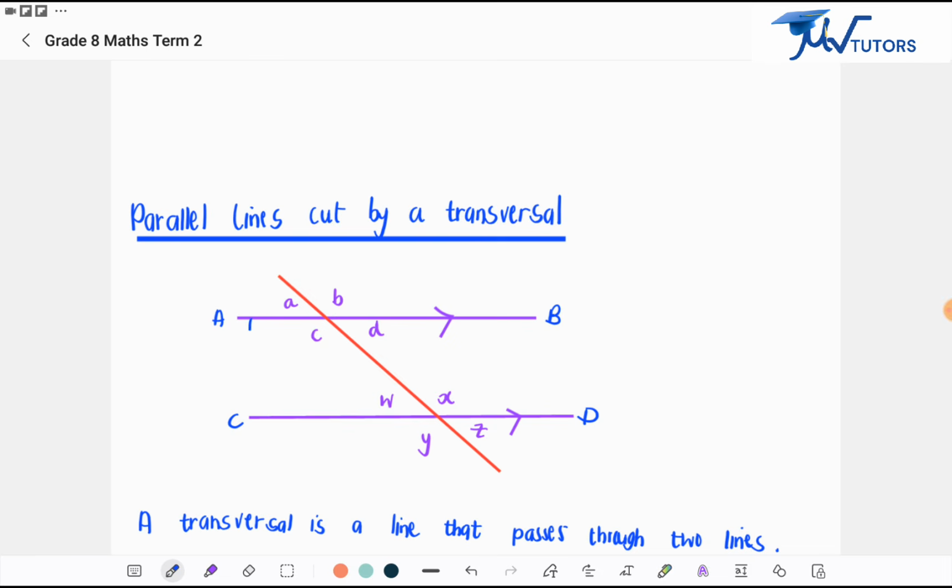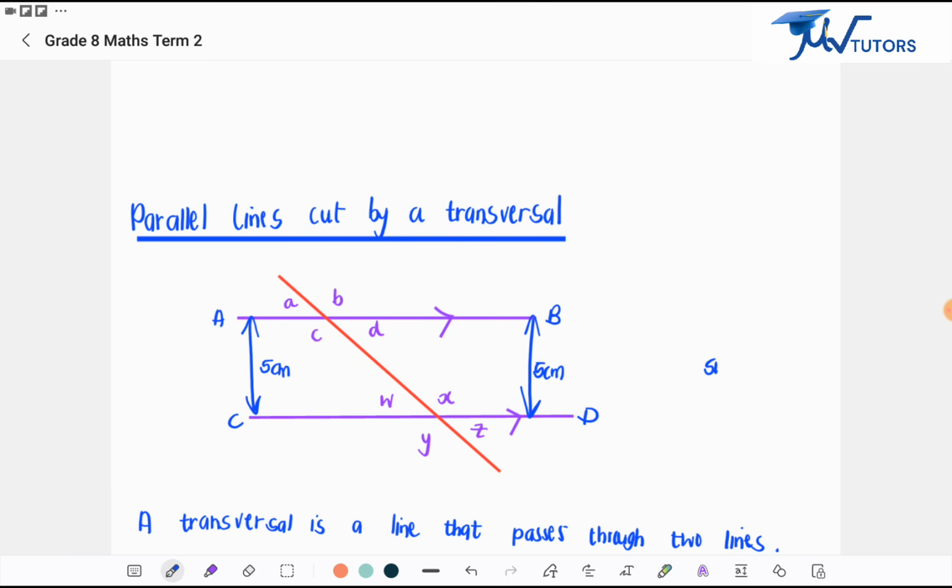So how do you know you have a parallel line? If the spacing between the lines is the same throughout, then you know you have a parallel line. For example, here you could have 5 centimeters and you measure over there, you also have 5 centimeters.